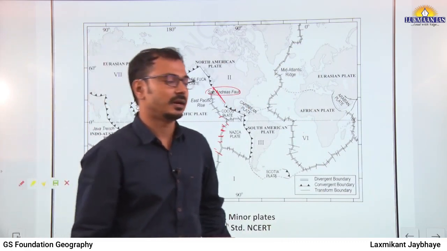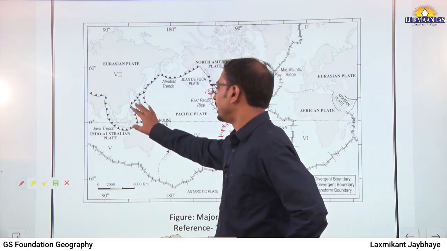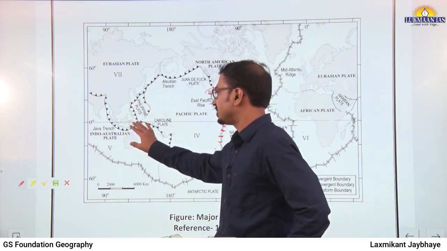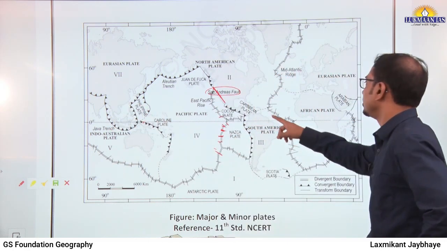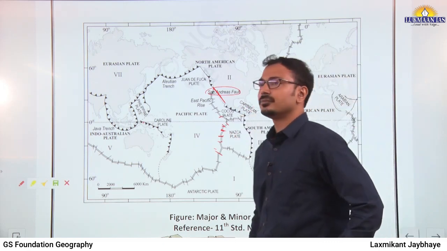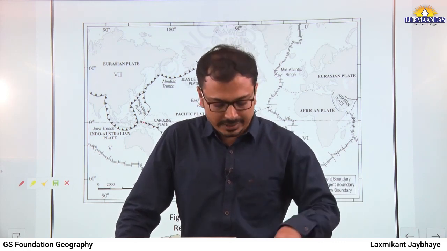Tomorrow we will try to understand the formation of the Philippine group of islands, the arcs and festoons, then the Caribbean islands and their formation in this region. Then the formation of the Himalayas and Alps, how they are formed. Have you understood all three theories: continental drift theory, sea floor spreading and plate tectonic theory?